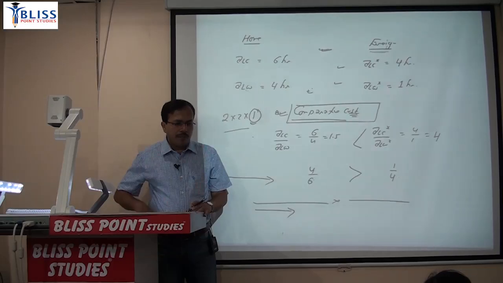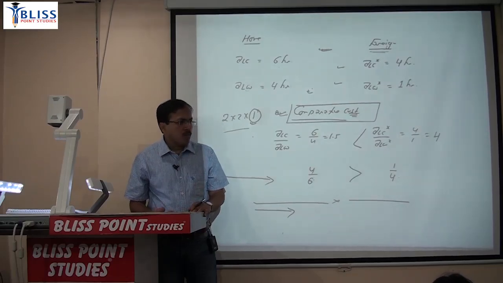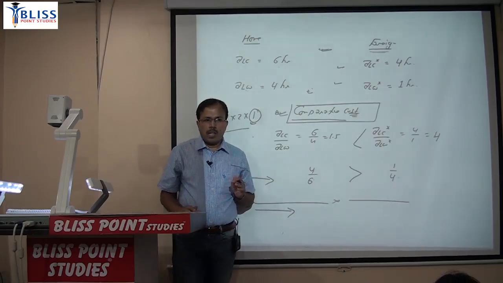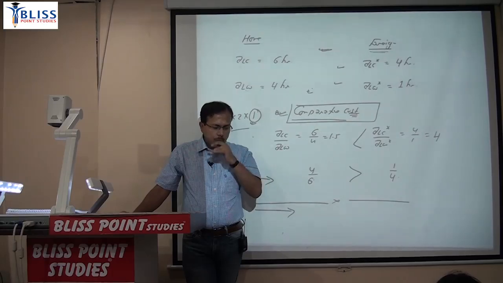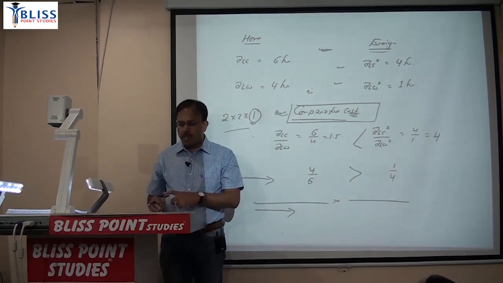Slope of PPF measures opportunity cost, that is, the cost of one good in terms of the other good.